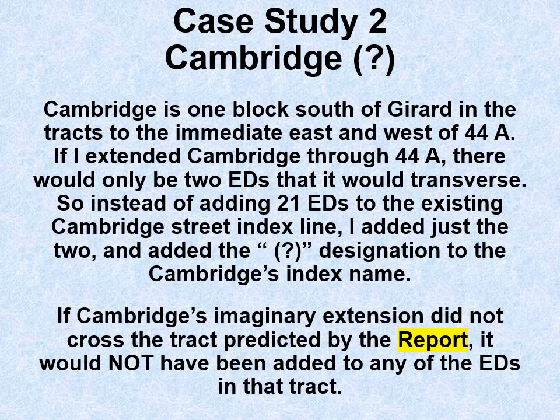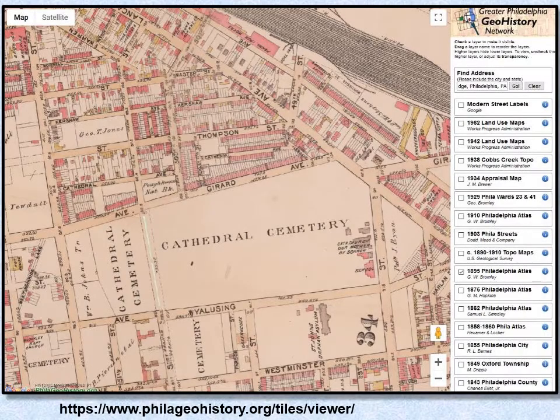And I added just those 2 and added that question mark, space, parentheses, question mark, parentheses, designation. If Cambridge's imaginary extension did not cross the tract predicted by the report, it would not have been added to any of the EDs in that tract. In addition to that, I also debated Cathedral Cemetery in 44A is a very old cemetery.